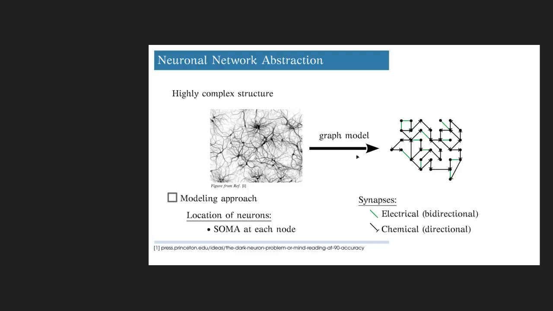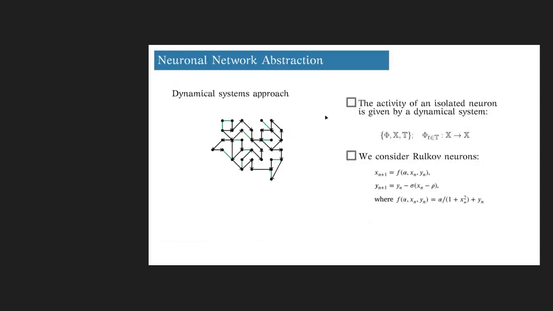So with this structure, we can now represent the neuronal network by means of its adjacency matrix and model each vertex, so each node of this graph, as a dynamical system.